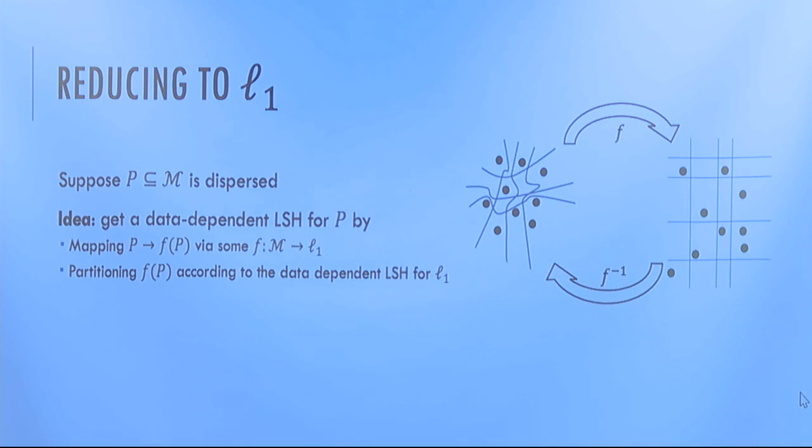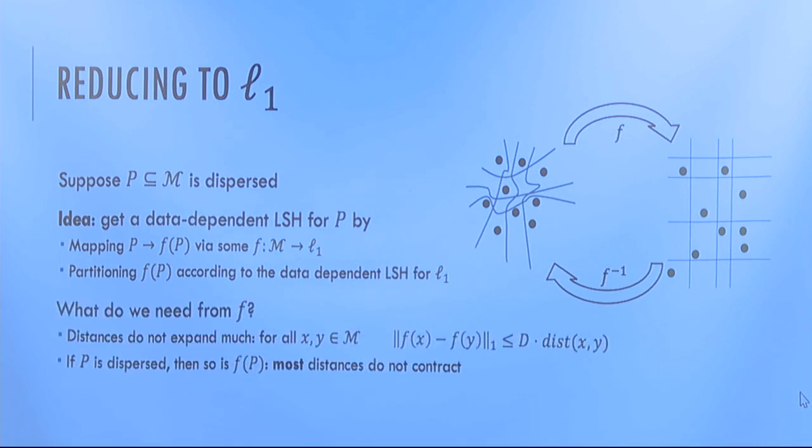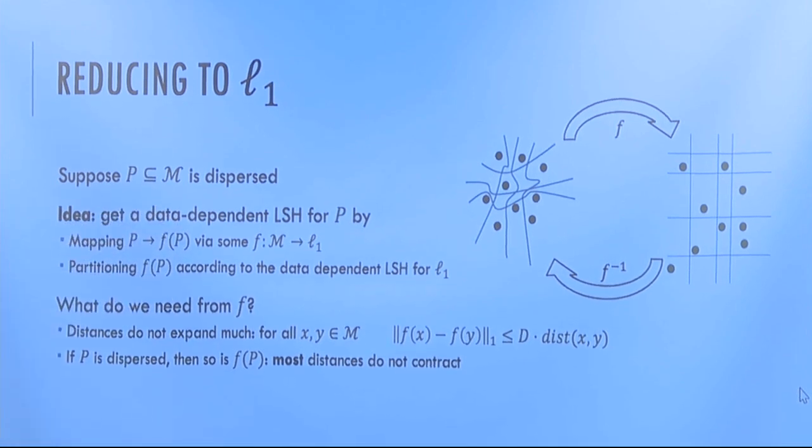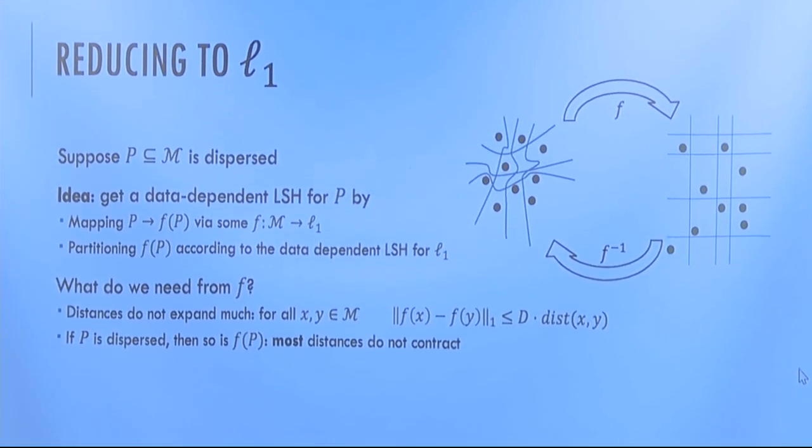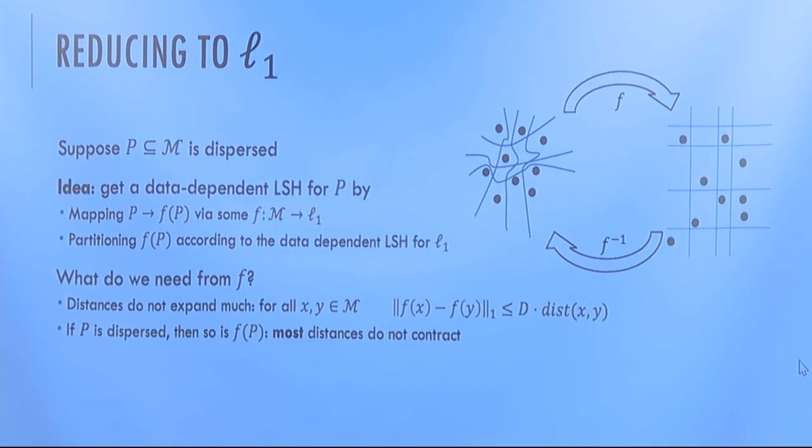So the hope is that if this f is nice enough, then doing this gives me a data-dependent LSH in the original metric. And I'm going to claim that nice enough is something that we can get from average distortion embeddings. It's not exactly the same thing that we need.